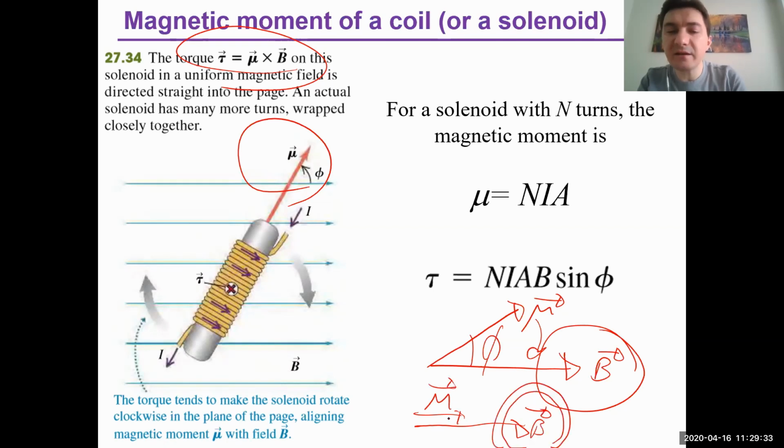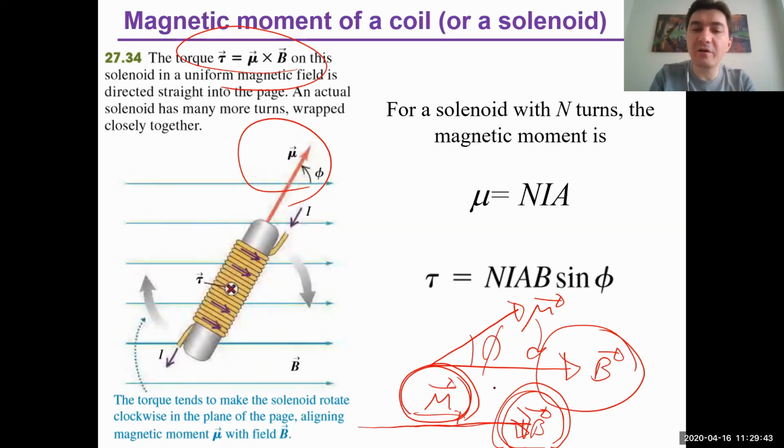Okay? The magnetic field would like to align the magnetic moment along the direction of the magnetic field. So the torque will align the magnetic moment parallel to the magnetic field. Any question here?